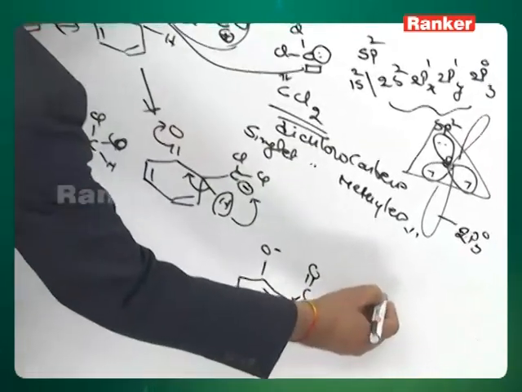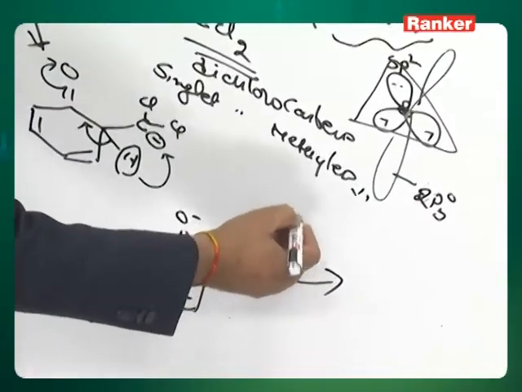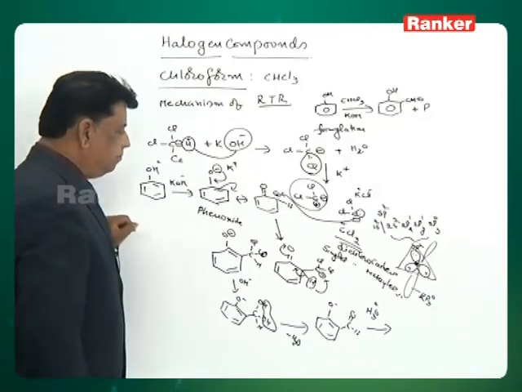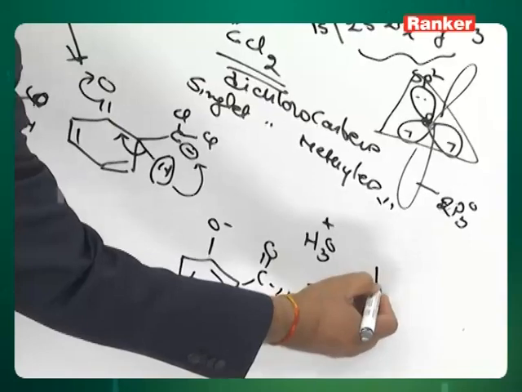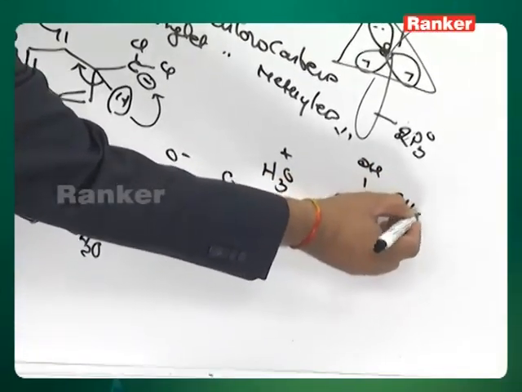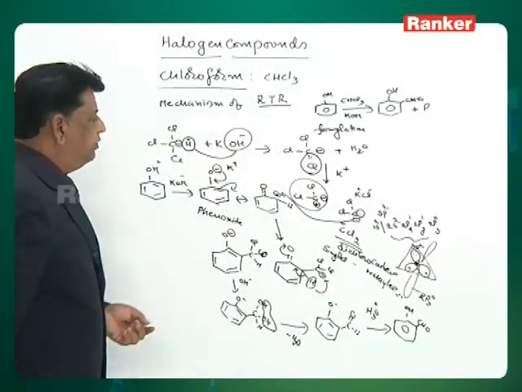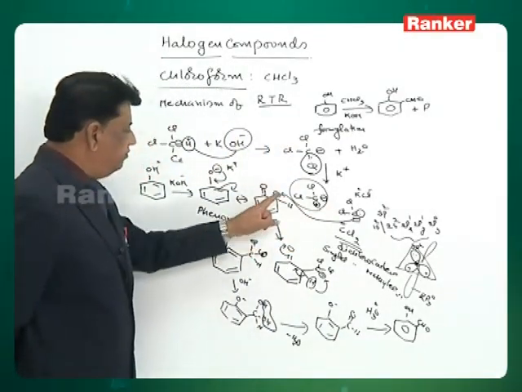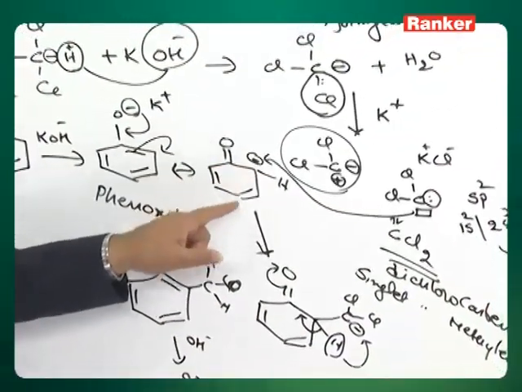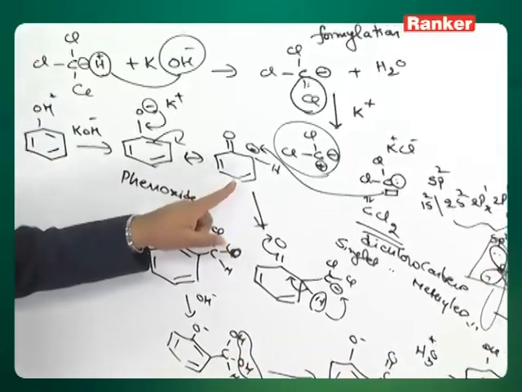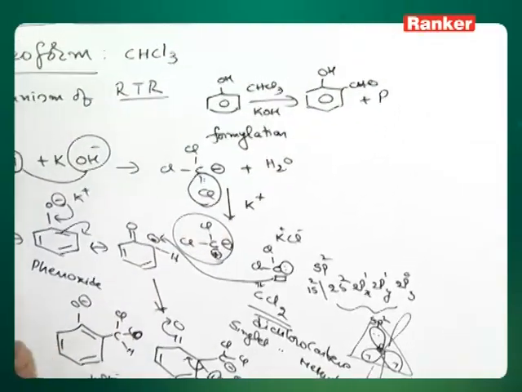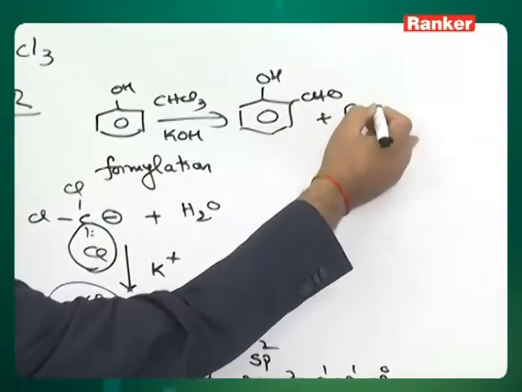But when you acidify at the end, either with water and acid or dilute acid, with this acidification you get the final answer, that is a phenol containing an aldehyde group at ortho. Similarly, if this minus goes to the para position, the next resonance structure will have the para minus. On that para minus, if CCl2 attacks, you will get the para isomer, that is the aldehyde group can be at para also.